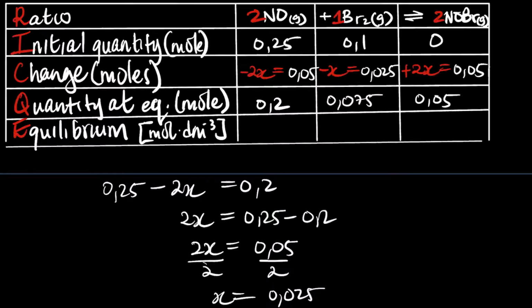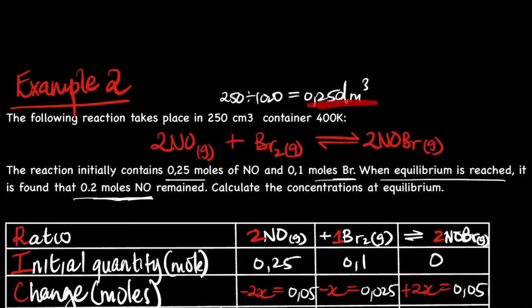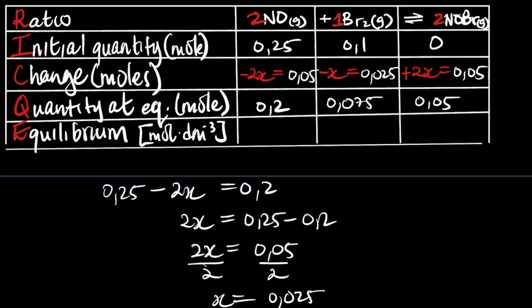The next thing we're going to do, we have our number of moles at equilibrium, so we convert it to concentration at equilibrium using this volume. We'll say 0.2 divided by 0.25. Punching that in the calculator, it's 0.8.